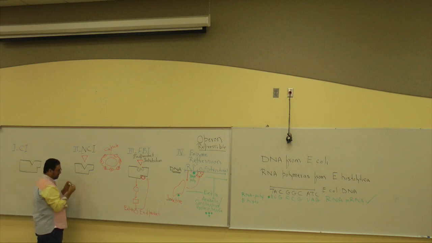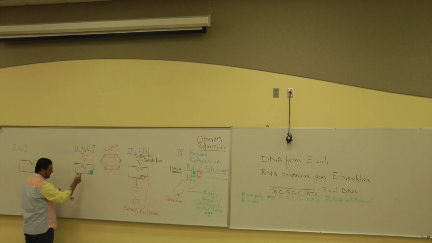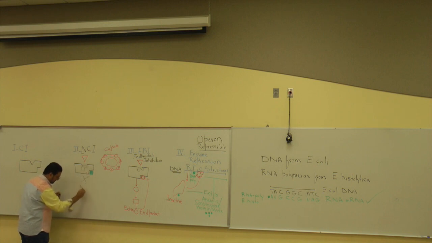A substance that is not made by the cell itself. It comes from outside. Heavy metals bind to the allosteric site. This is irreversible. Those are reversible. This is irreversible. It changes the allosteric site. No end product.